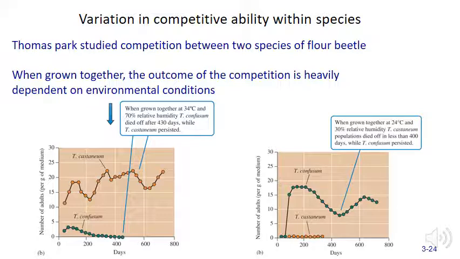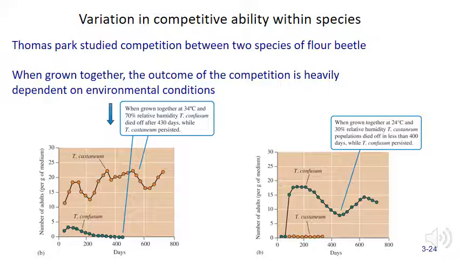When the experiment was repeated, but this time in different conditions, so colder temperatures, 24 degrees C, and lower relative humidity, 30%, Tribolium confusum persisted in these conditions, but Tribolium castaneum this time became extinct very quickly. So what this shows us is that the outcome of competition is affected by the environmental conditions.